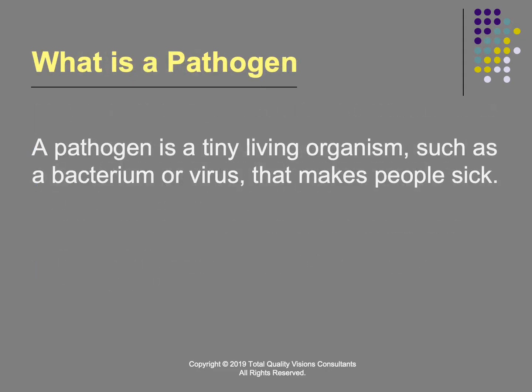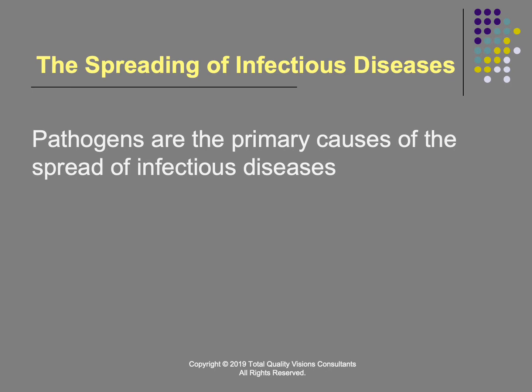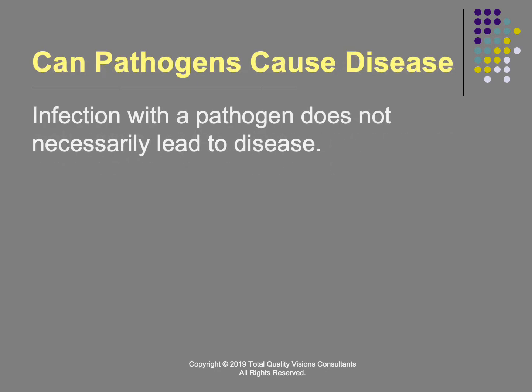A pathogen is a tiny living organism such as a bacterium or virus that makes people sick. Pathogens are the primary causes of the spread of infectious diseases. Infection with a pathogen does not necessarily lead to disease.